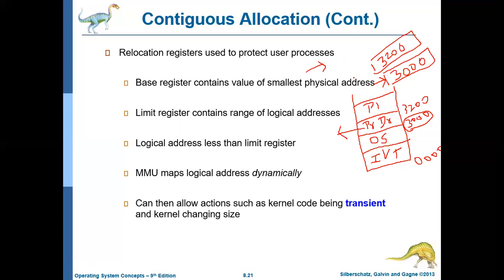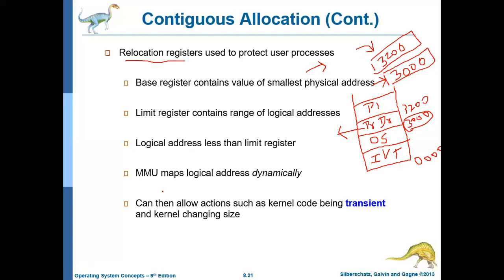If the print driver is there, the logical address will be added with 3200. If the print driver is not there, the logical address will be added with 3000. The base register is also called the relocation register.